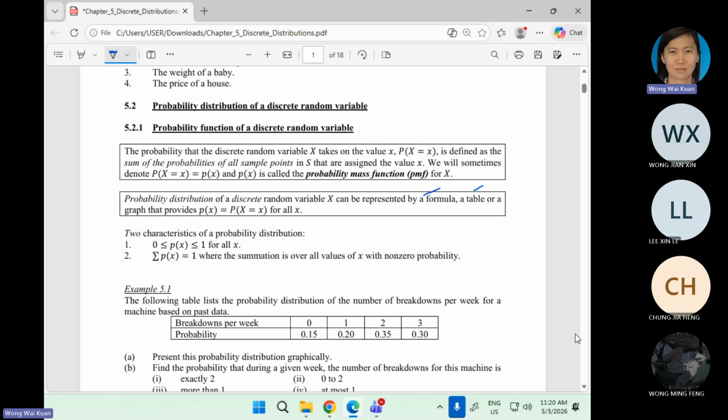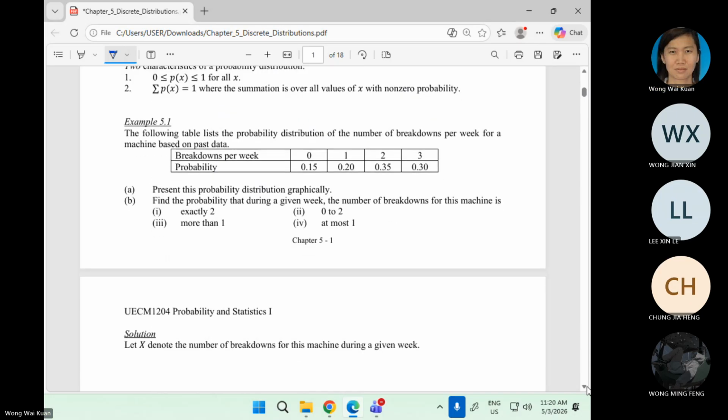Okay? So now, example 5.1. The following table lists the probability distribution on the number of breakdowns per week for a machine based on past data. Number of breakdowns, I have 0, 1, 2, 3.